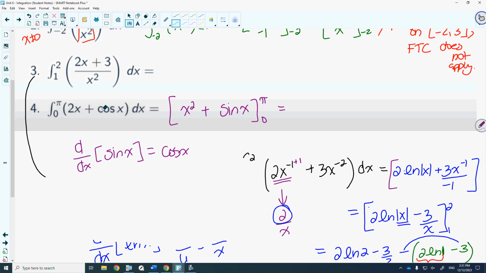This will be equal to, so let's plug in our upper limit of integration. We're going to get pi squared plus sine of pi, minus, so that's f of b minus f of a. So you're going to plug in a 0. You'll have 0 squared, plus sine of 0.